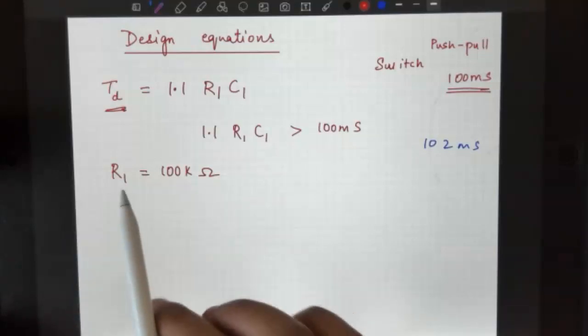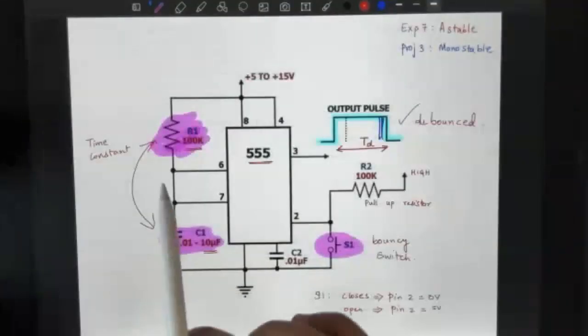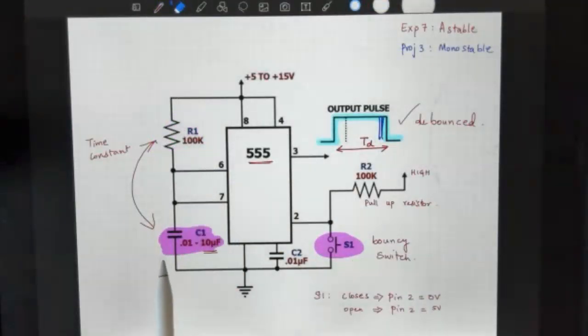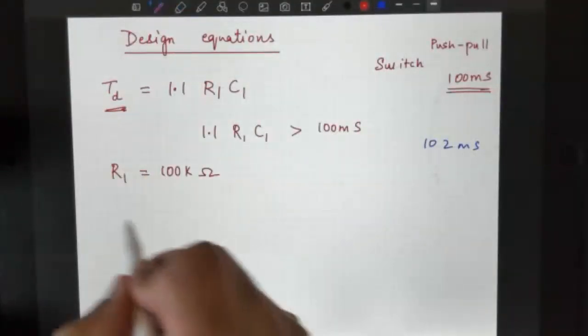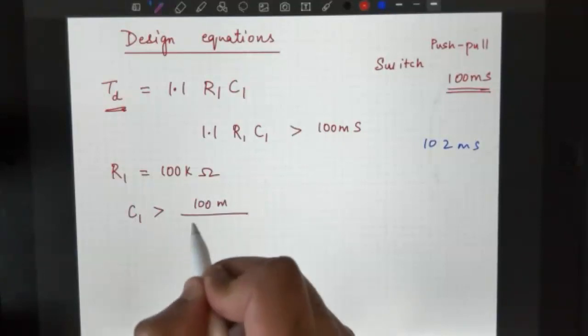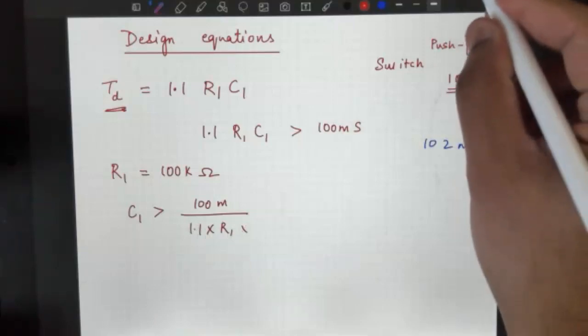Thank you. Let's see. R1 is 100K. So suppose I say, okay, I have a few resistors with me, and I'm going to choose 100K. In fact, even the diagram says 100K here. So that's good. Then I can appropriately choose a value for C1 that satisfies that equation. So C1 should now be greater than 100 milliseconds divided by 1.1 times R1, which is 100K.